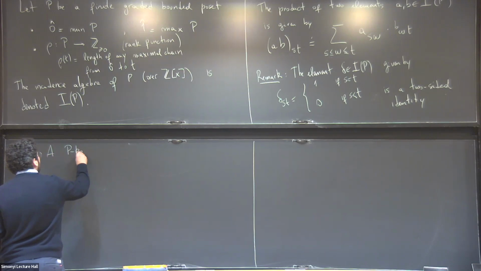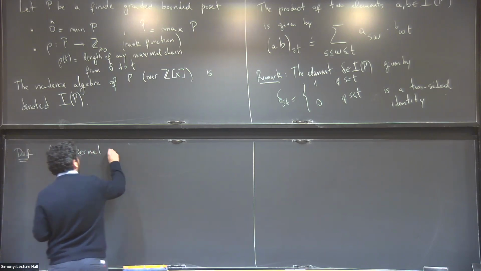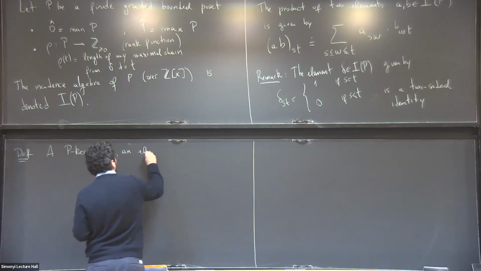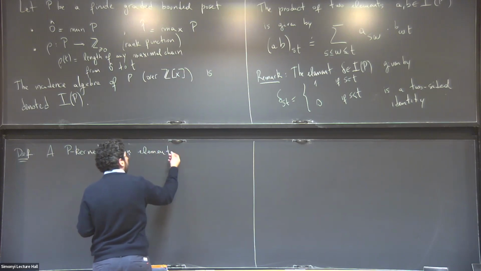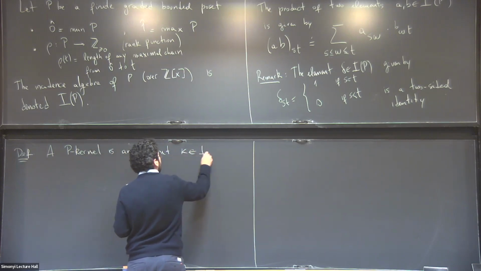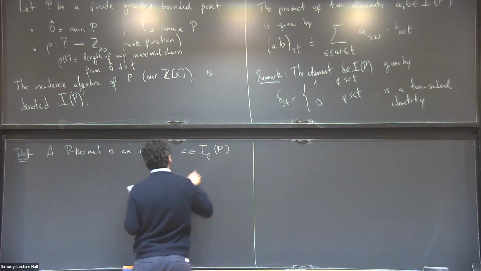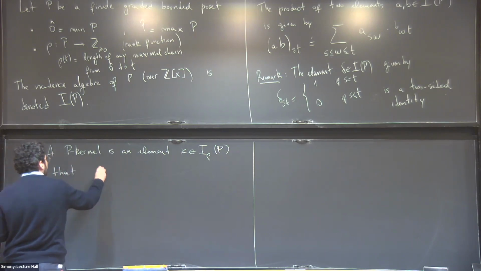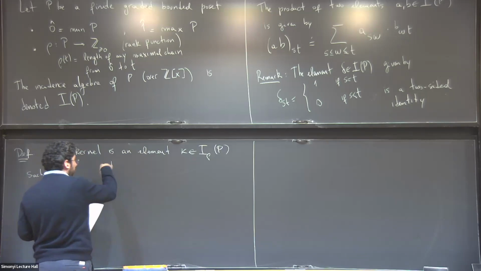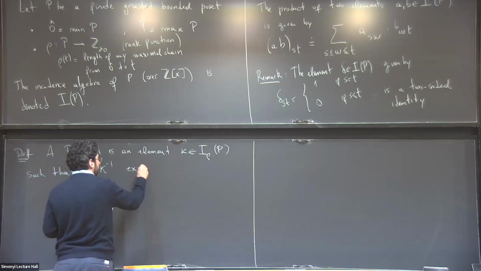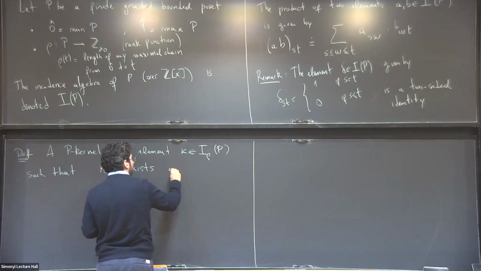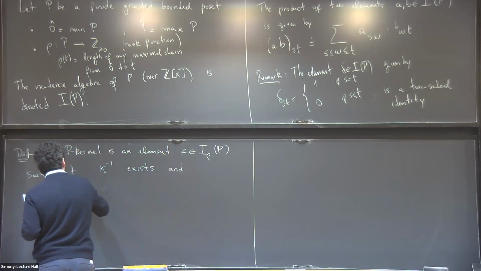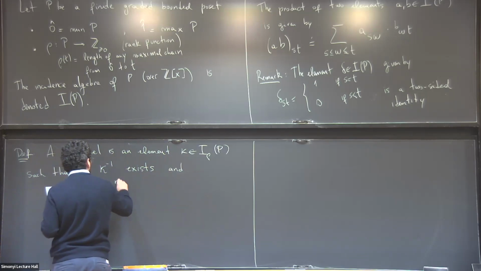A P kernel is an element kappa in this I rho of P such that kappa to the -1 exists, and actually kappa to the -1 is just kappa reversed.